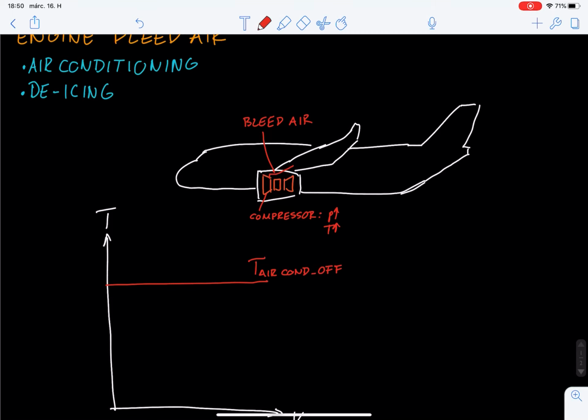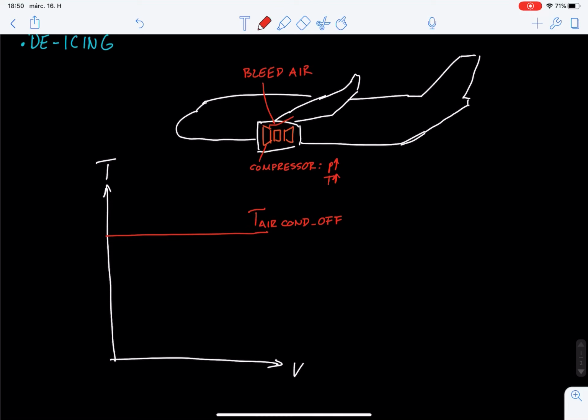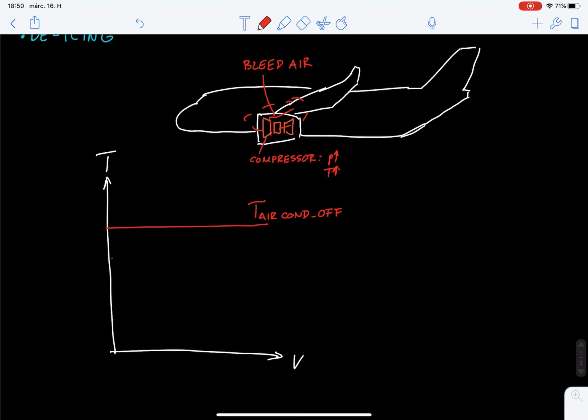And when you turn on the air conditioning, so you bleed air away from the engine, therefore this thrust curve reduces, right? So this is our thrust with air conditioning on. And this is what we have to remember.